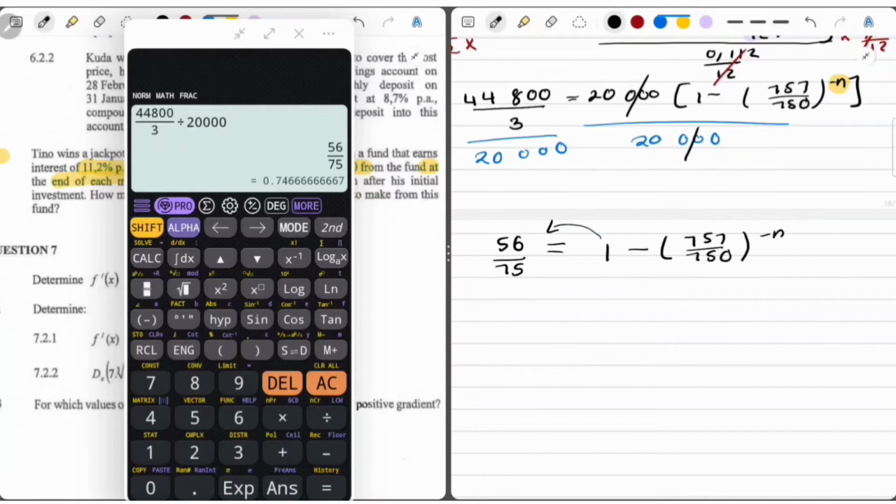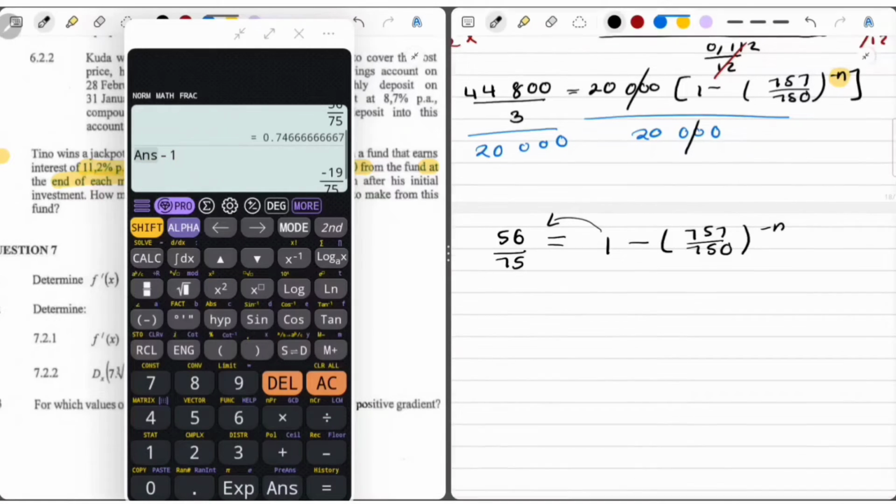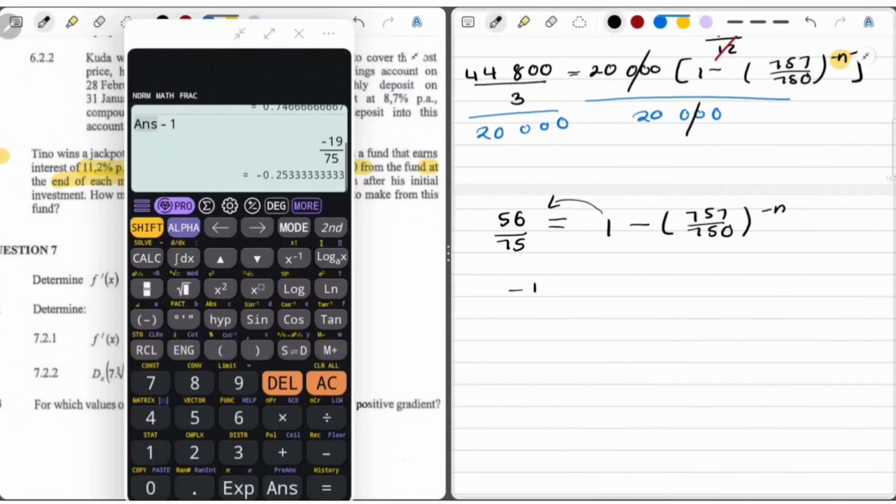Then I can take the 1 over. So in other words, I have this answer, and 1 is coming over, becomes minus 1. And now this is what I have. I have negative 19 over 75 is equal to, you see, you still have a negative here in front of this. And we have 757 over 750 to the power of negative n. Okay, they're both negative.